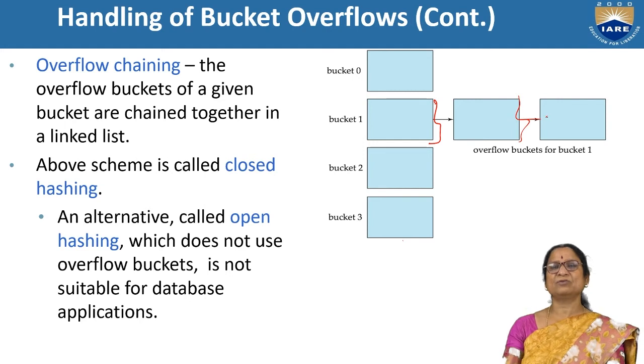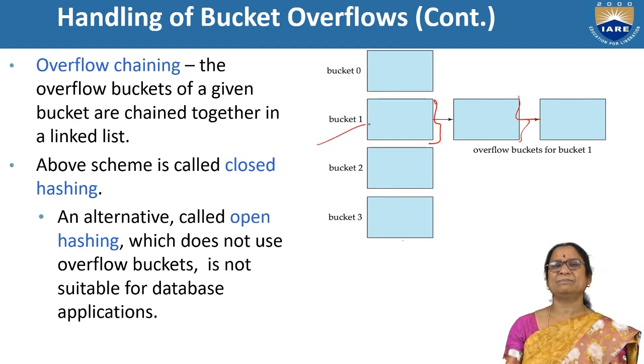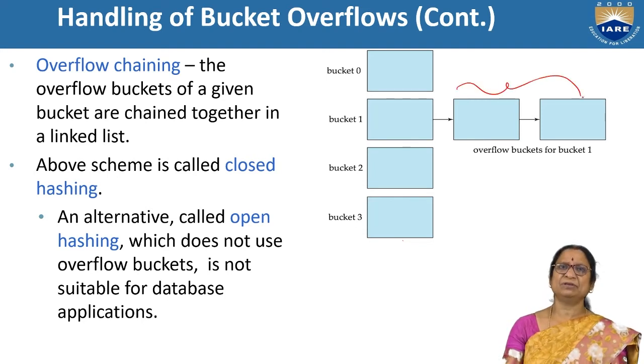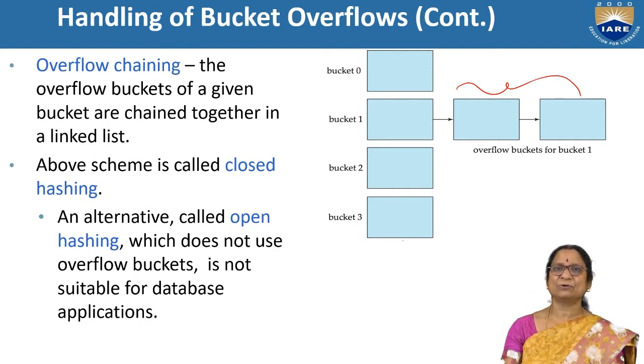That means more records are resulting in the address of bucket 1, so all those records are stored. These are called overflow buckets. The original bucket and the additional buckets which we attached are called the overflow buckets for bucket 1. Similarly, every bucket can have some overflow buckets depending upon the data to be stored in the respective bucket.